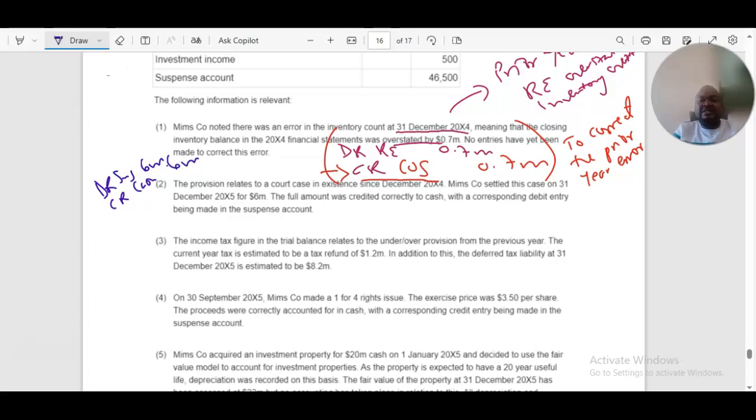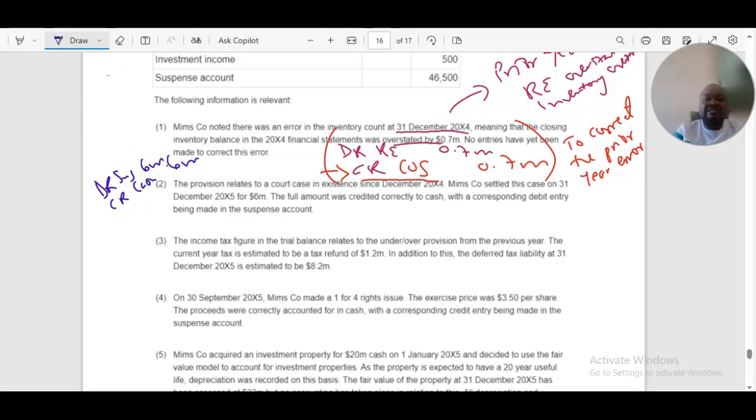In this case, we just have to debit the provision. By debiting the provision, we are removing the provision, because we have settled it, isn't it? So we are derecognizing the provision. We need to remove the provision. Are we together?